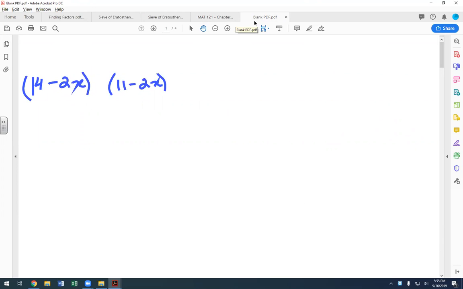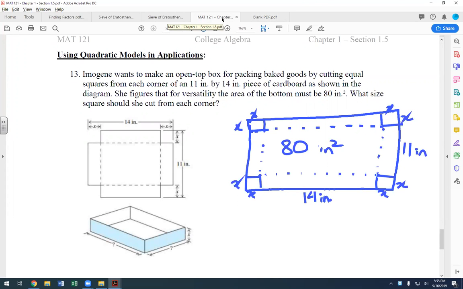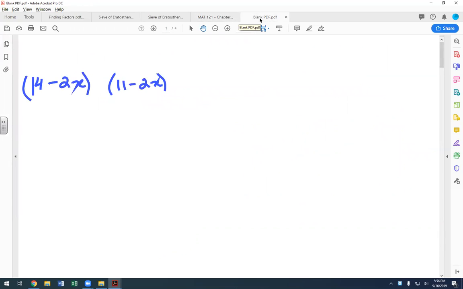Yeah, very nice. So what's going to happen here is when you actually remove these corners, you are going to have what the area of the bottom of our box is going to be. So yeah, you're going to do length times width as the area of our rectangle here.